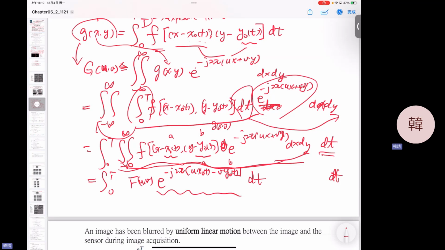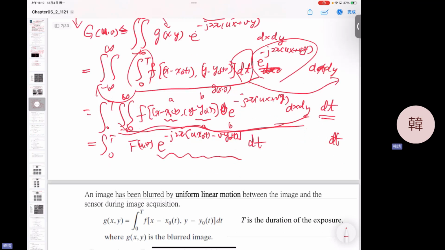Okay, if you look at this transformation result in the table, you can see F of uv is in the frequency domain, nothing related to the time variable, so it can move outside of the integral. So F uv is outside, and inside it's still the G uv result for the motion blur, which is the integral over time of the exponential of minus j 2 pi (u x0 t plus v y0 t) dt.